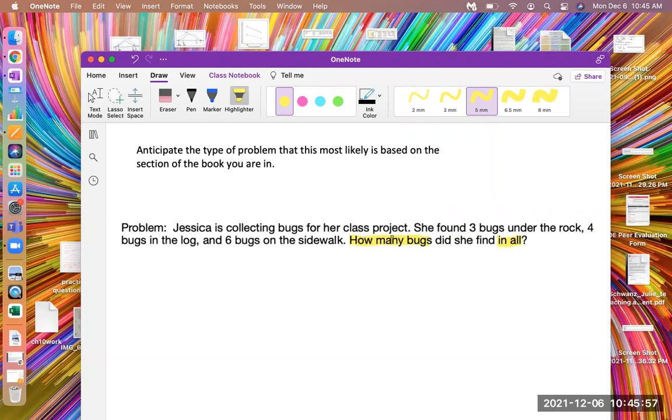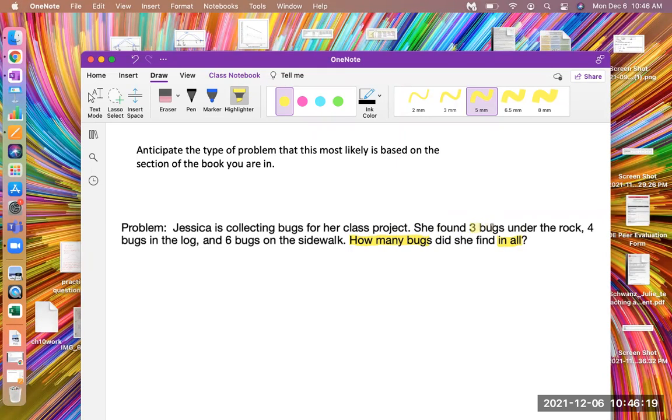This is the most important few words right here. How many bugs in all, right? So this is telling me I need to add up all the bugs. And then from there, I just go looking for the numbers that I might need in this problem.